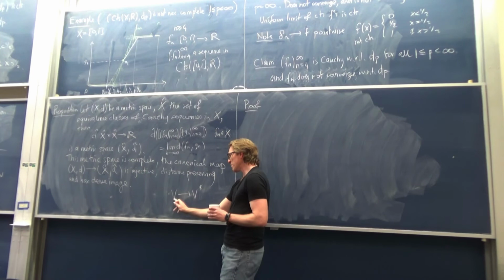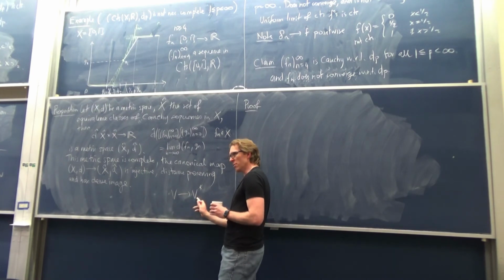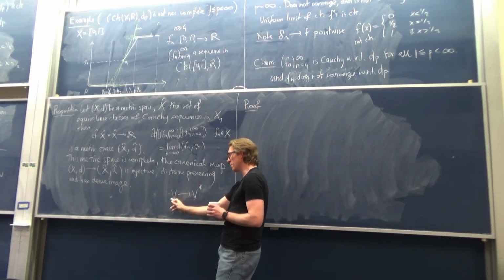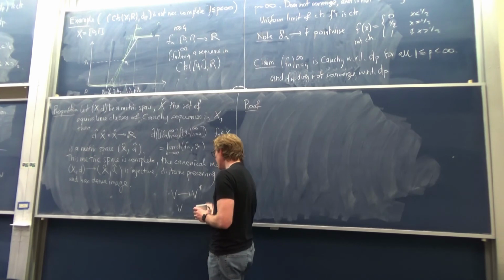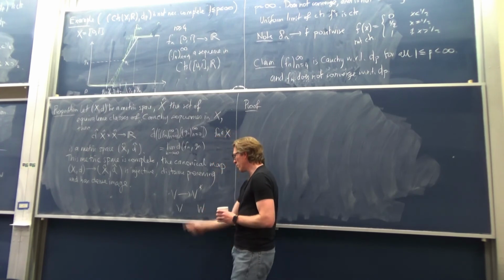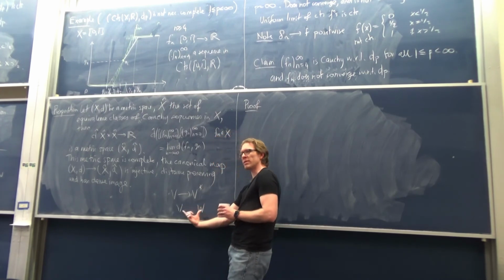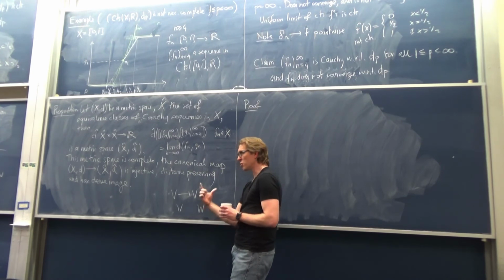If V is finite dimensional, V is always isomorphic to V dual. V is a vector space. But there's no canonical isomorphism. To write down an isomorphism, I have to choose a basis. Once I've chosen a basis, there's an isomorphism, because any two vector spaces of the same dimension are isomorphic, right? If V and W have dimension 5, pick a basis, match them up, that's an isomorphism. But that depended on choices.